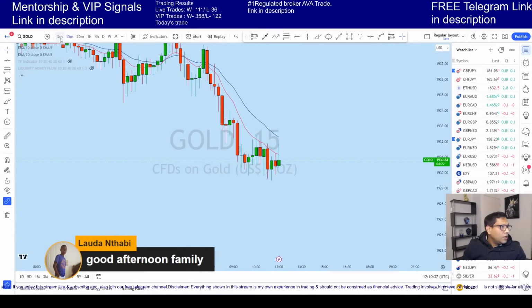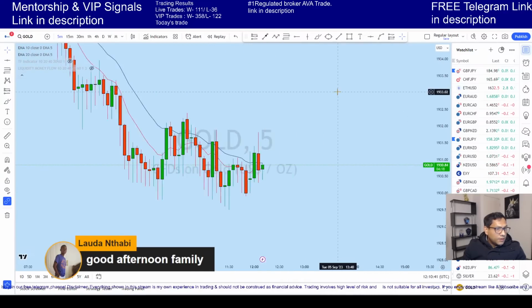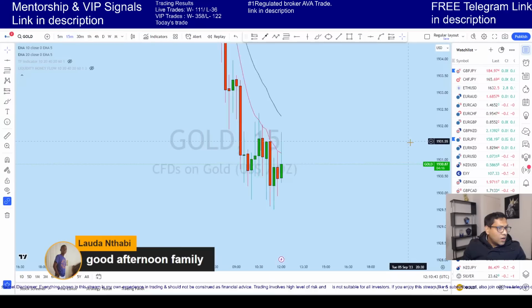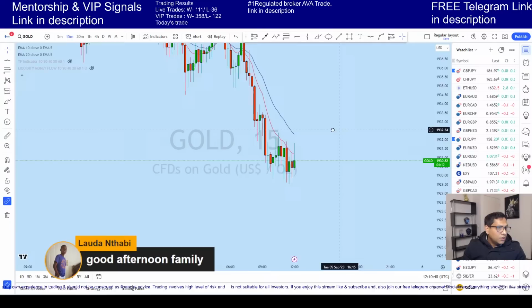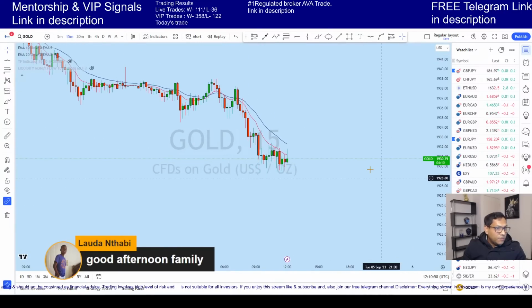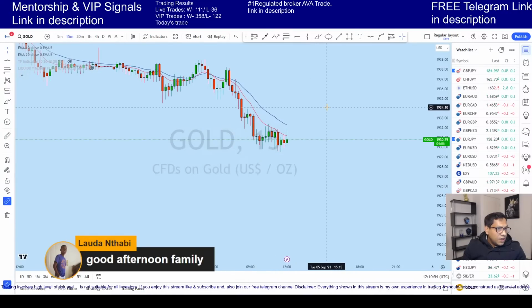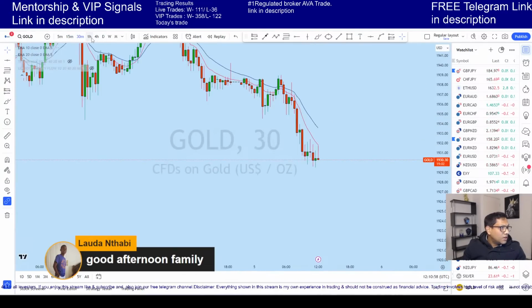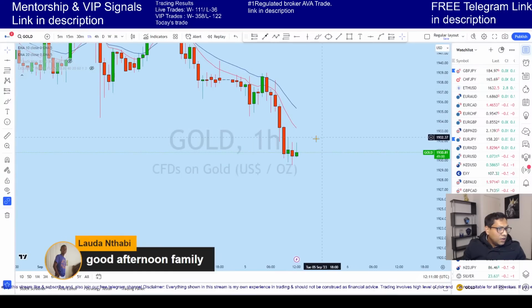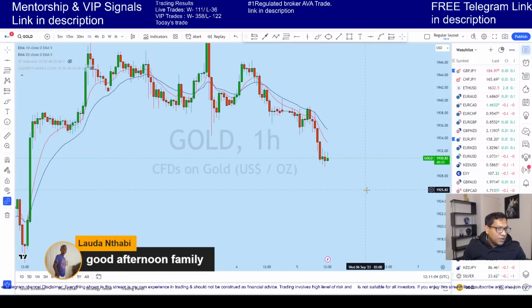So if we look at here, from this lower time frame, what we see is that the price is forming this bearish price action. And so far, in this 30 minutes, 1 hour, in all those time frames, the price is potentially bearish.